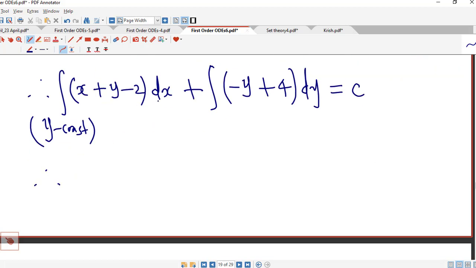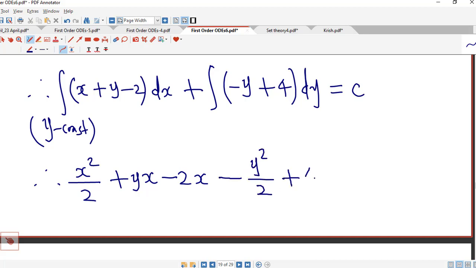Now here we integrate with respect to x. Integral of x is x square by 2. y is constant. Integral of y dx is xy. Integral of minus 2 dx is minus 2x. Here integral of minus y is minus y square by 2. Integral of 4 is 4y equal to c.